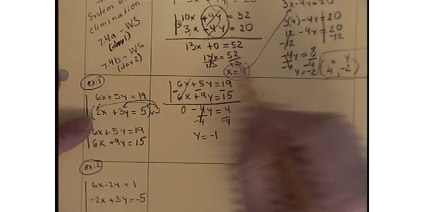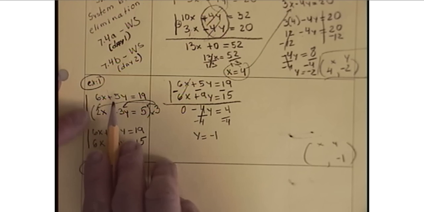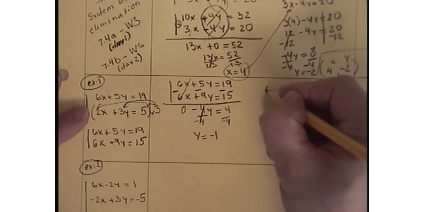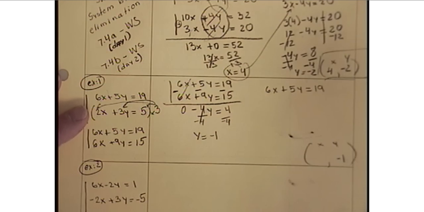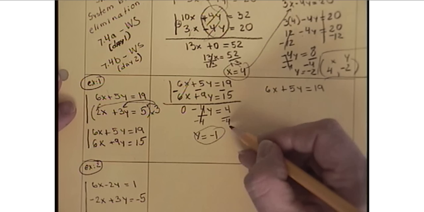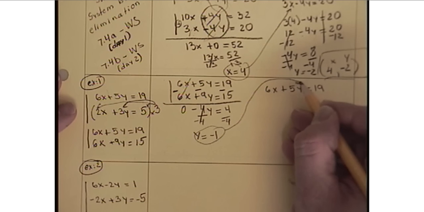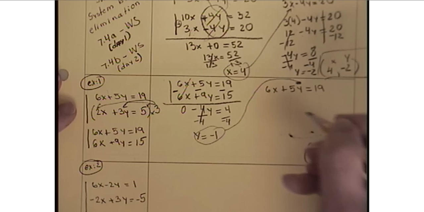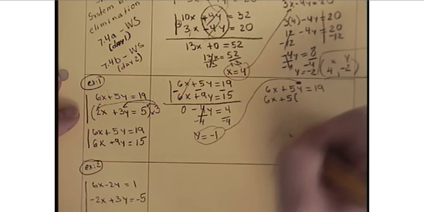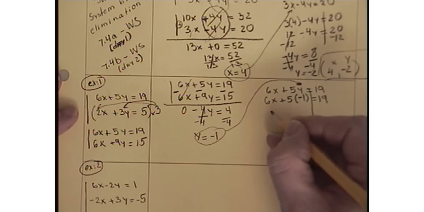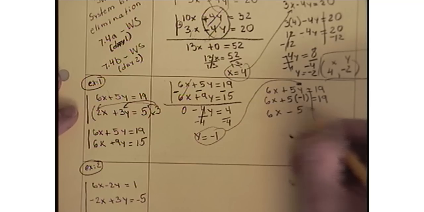We're going to go back to the original equations, and I'm going to pick the first equation, 6x plus 5y equals 19. We will substitute y up here with negative 1. So 6x plus 5 times negative 1 equals 19, which is 6x minus 5 equals 19, plus 5 on each side.